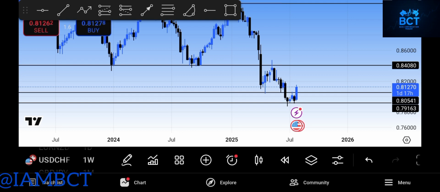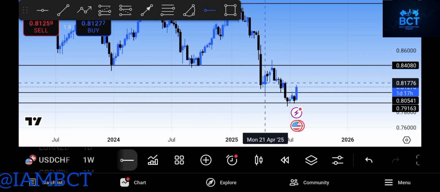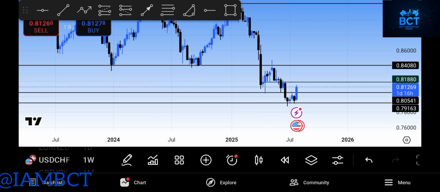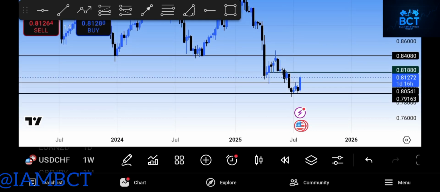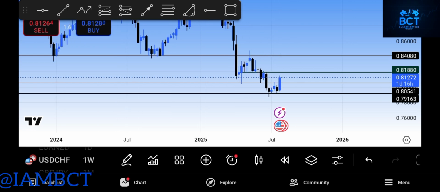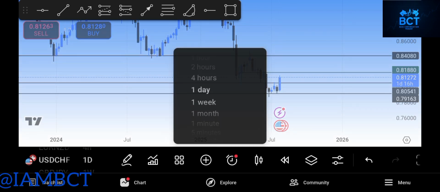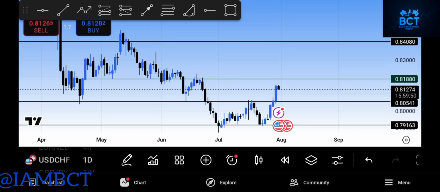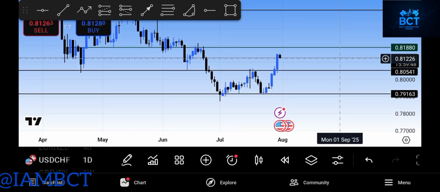And we are going to be expecting just a reaction when the market gets to the zone. Just a reaction. It might reverse, it might keep going, but I guess the market is going to keep going because I don't know where the dollar is getting all this little momentum from. So as you can see, as usual, we are going to be expecting to catch a move from this zone.